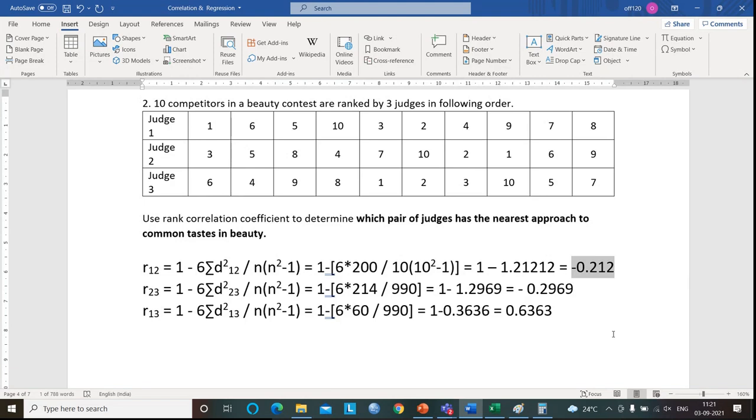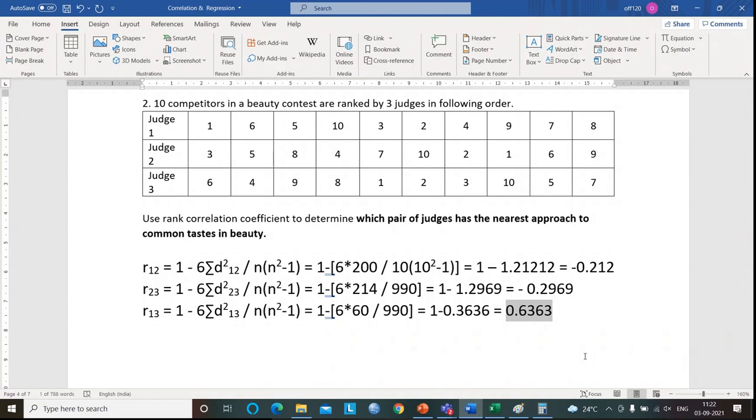For example, if the first judge is giving first rank, then the second judge is giving either 8th or 9th rank. That means the deviation between the ranks given by judge 1 and 2 is large. Similarly, judge 2 and 3 are also different. And there is only a positive correlation between the first and third judge.